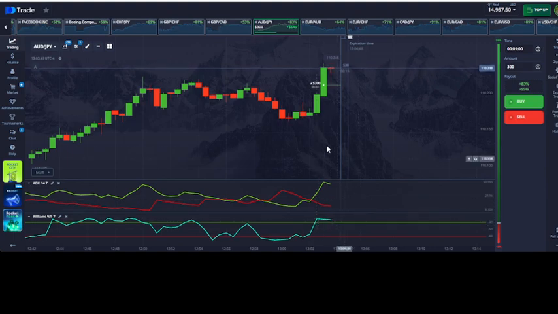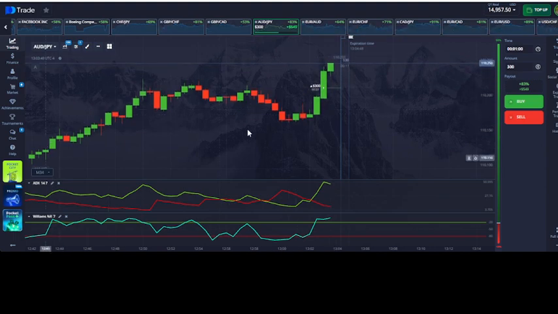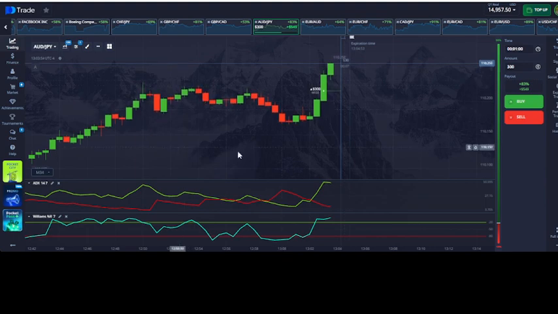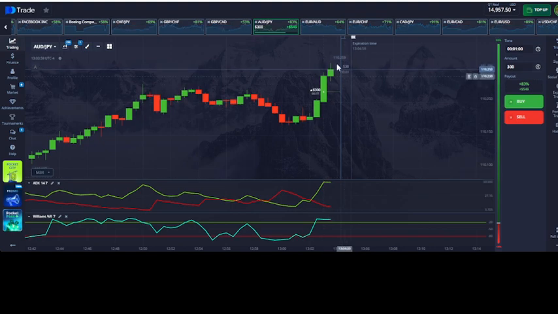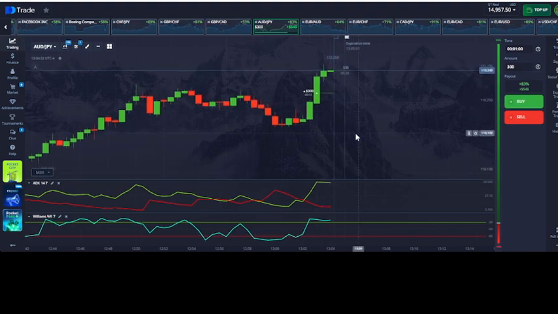So these two confluences, along with the fact that we're also seeing a bullish trend in the price of the currency pair, tell us there's going to be a continued bullish push to the upside in the price of the currency pair. So let's wait for the expiration.